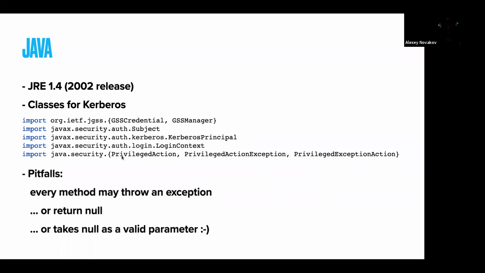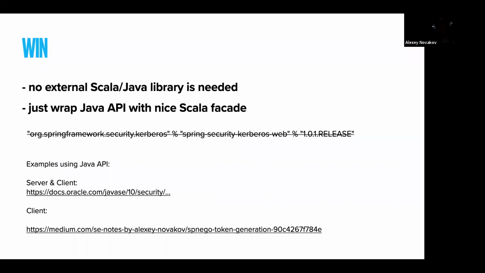So what we usually do when we deal with some Java library from Scala is wrap it with some nice facade from the Scala perspective, right? And then everything gets fine. So we actually don't really need other libraries that provide this service to us, that already implement this Kerberos authentication. They are also using this API, actually. This authentication is not that hard to implement yourself, just writing your code and using the standard API from Java.